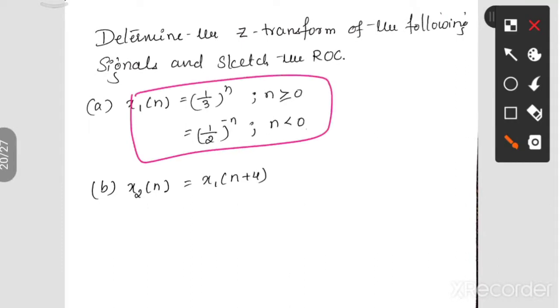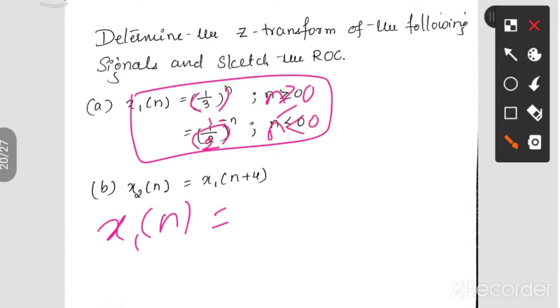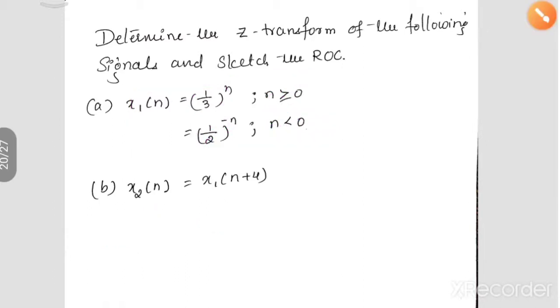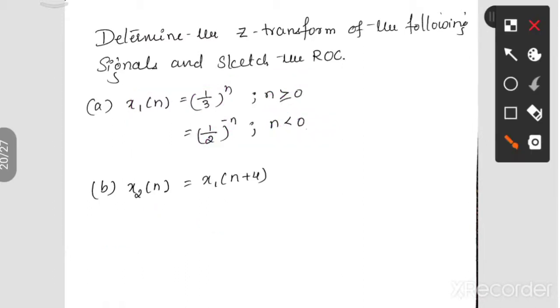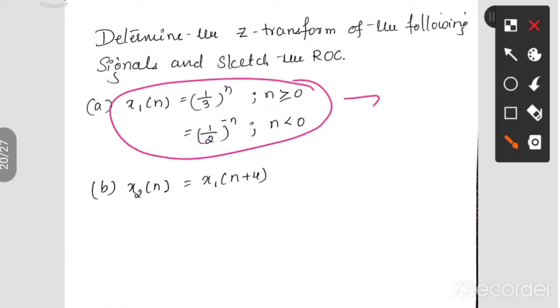So x1 of n is 1 by 3 raised to n where n is greater than or equal to 0, and 1 by 2 raised to minus n where n is less than 0. Therefore we have to find this z transform.